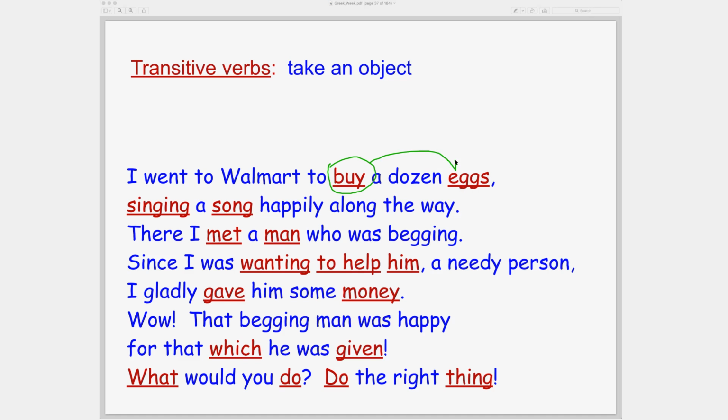What do you buy? You buy the eggs. Okay. They take an object. Singing a song. Met a man wanting to help him, and so on. Okay?